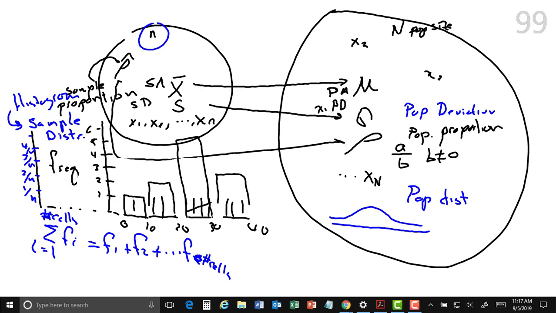Now, this shape I inferred from this shape. Again, this is my description. This is my inference of how the true pattern is distributed. This is the whole course.